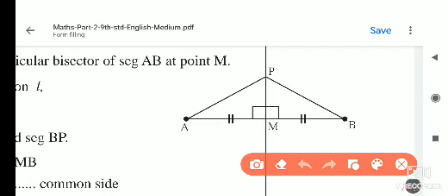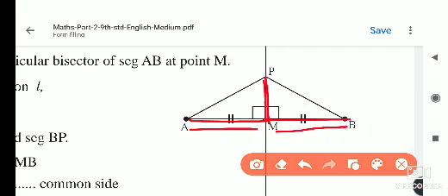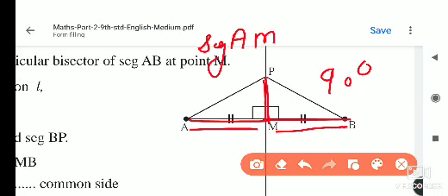If you are thinking, you will notice that here AM is equal to MB, because M is the midpoint. And as this line L is perpendicular to the segment, the angles PMA and PMB are congruent to each other because each is 90 degrees. So first we showed that seg AM is congruent to seg MB.